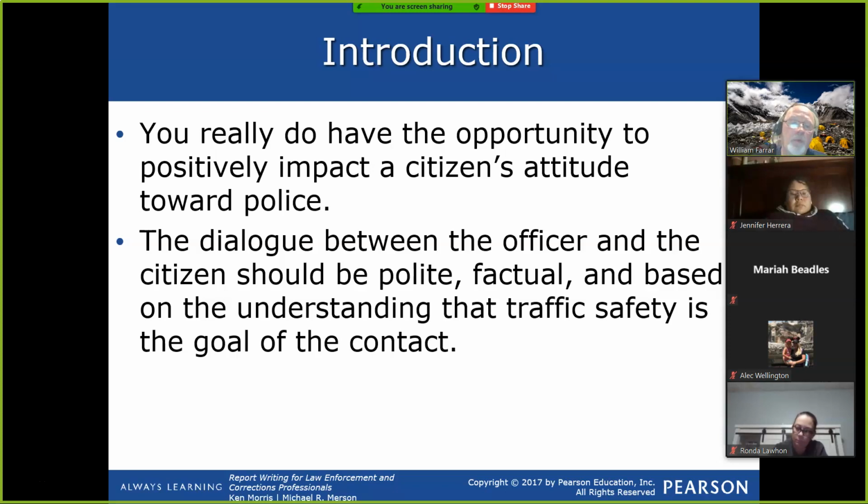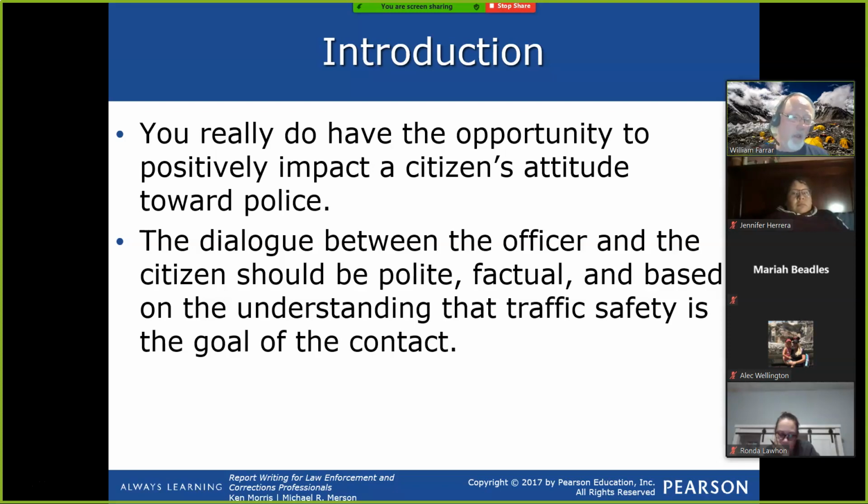That dialogue between you and the citizen should be polite, should be factual, and it should be based on the understanding that traffic safety is the goal of the contact, not just to write them a ticket so you can chuckle while you turn around and walk away. Because again, they're probably not going to be super pleased with getting pulled over.